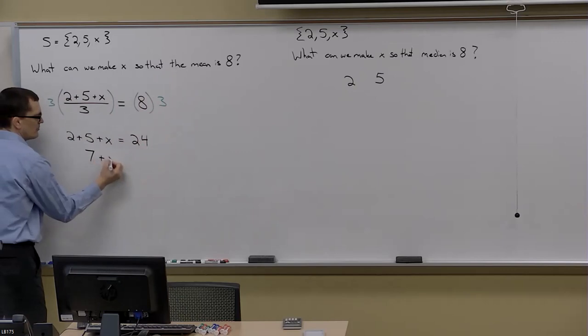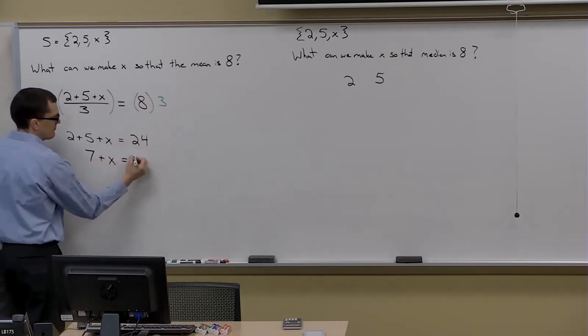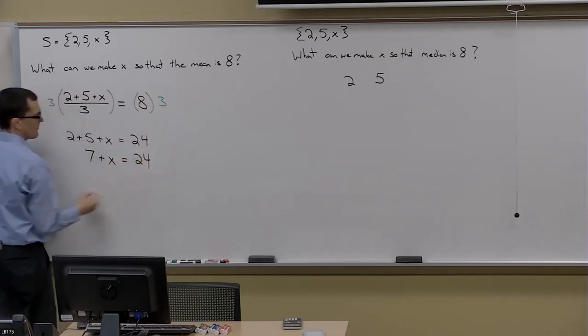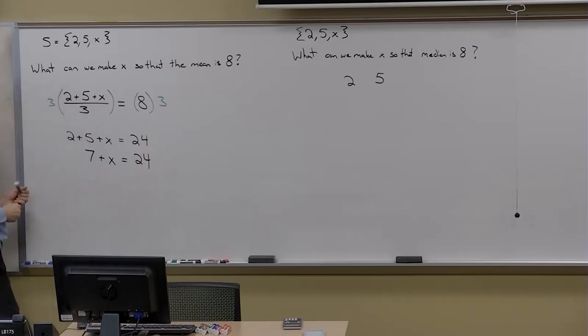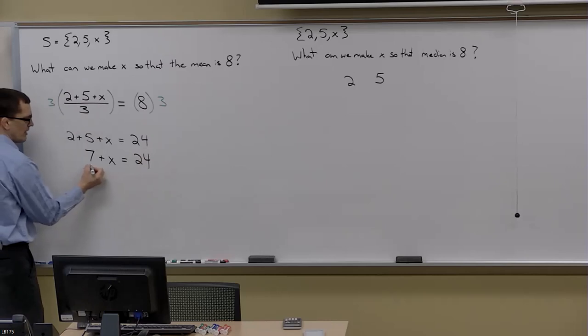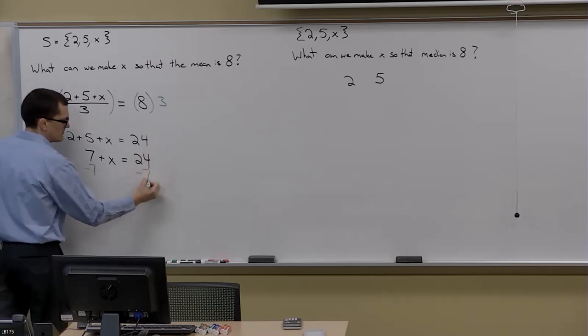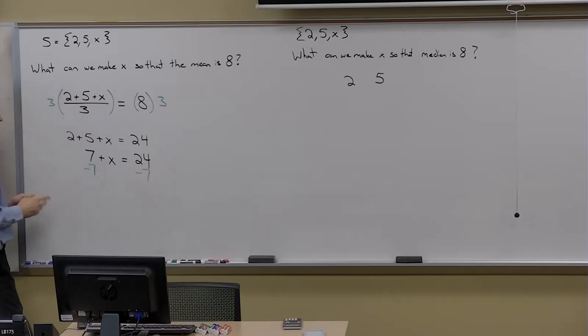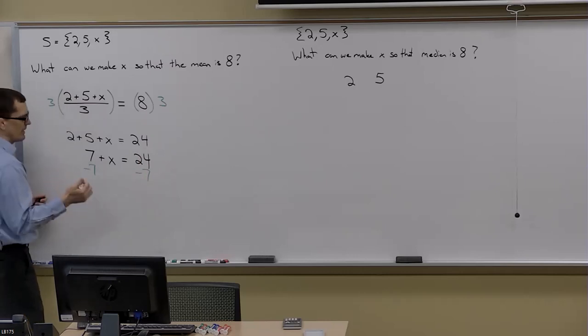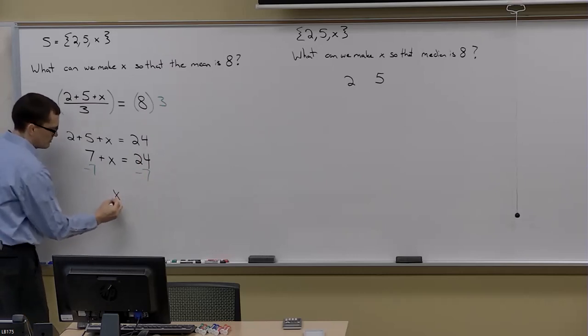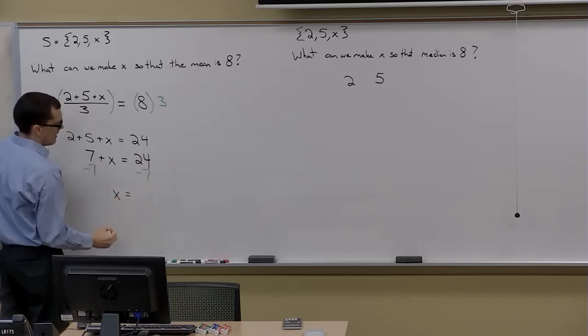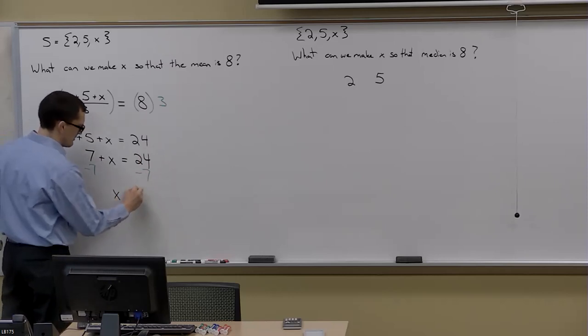Again, 2 and 5 added together give me a 7. So 7 plus x equals 24. And then I would subtract 7 from both sides. Again, this is just standard solving an equation, which is a linear equation. What is that? 17, right?